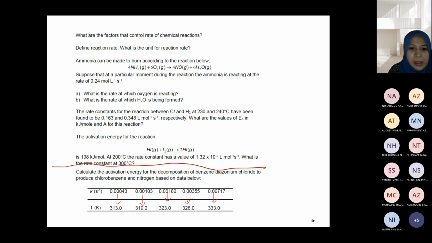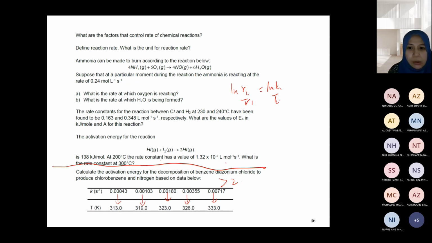Okay, so bila you ada dapat this kind of data which is more than 2, kalau daripada 2 data you boleh directly apply yang ln R2 over R1 is equal to ln K2 over K1 and so on. Okay, so daripada sini kalau dia ada banyak data, so K dia akan berbeza. Okay, EA dia you akan dapat cari daripada satu slope sahaja.